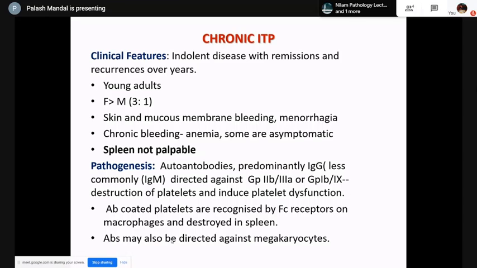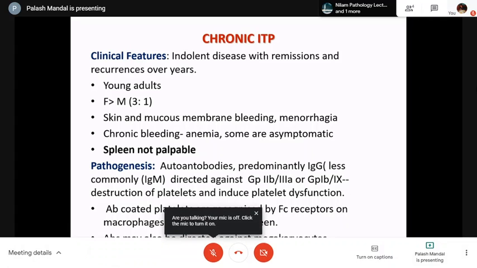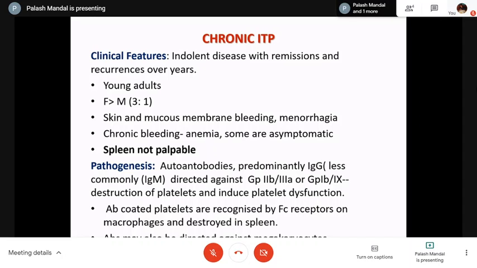Here autoantibodies, predominantly of the IgG class, are directed against the complexes GP2B and 3A, and GP1B and 9, which lead to destruction of the platelets and induce platelet dysfunction.